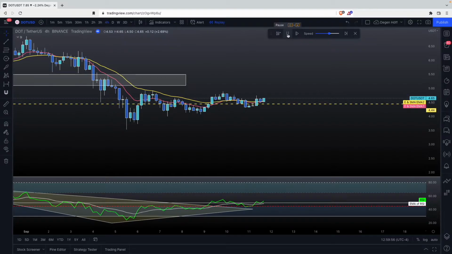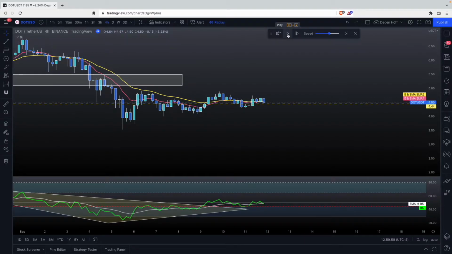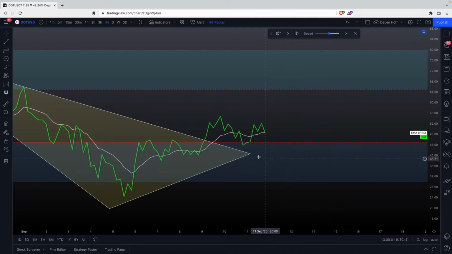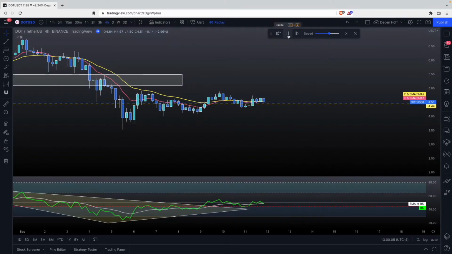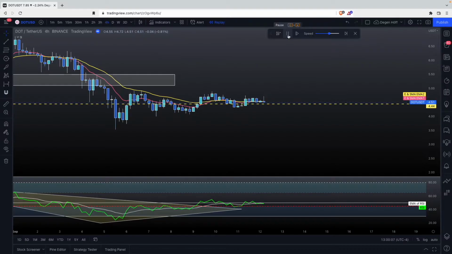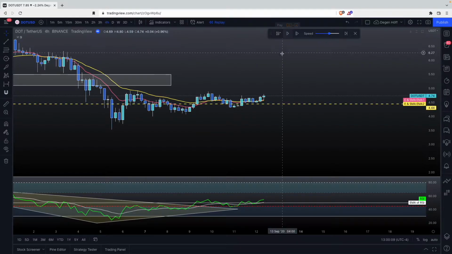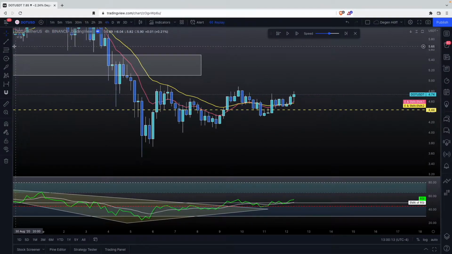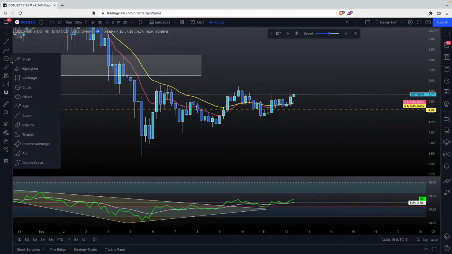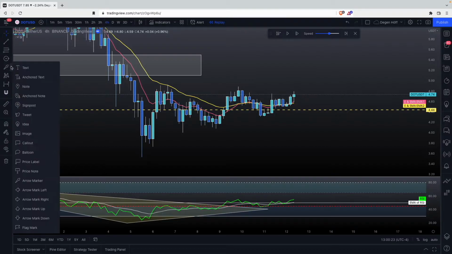Setting up for something. This is really sketch. Hold on. Alright, let's see. So some people might look at this as, I don't trade this, but where is it?